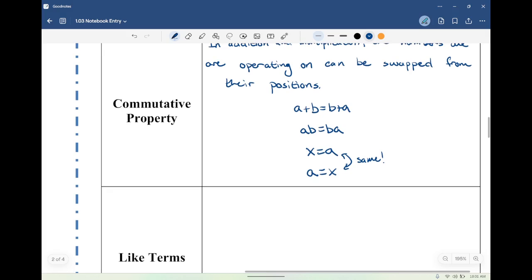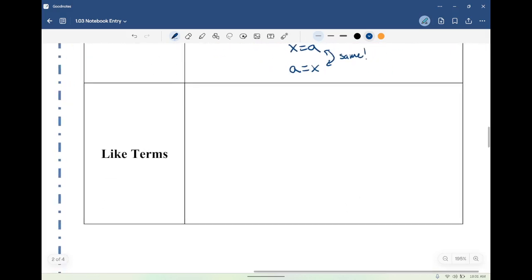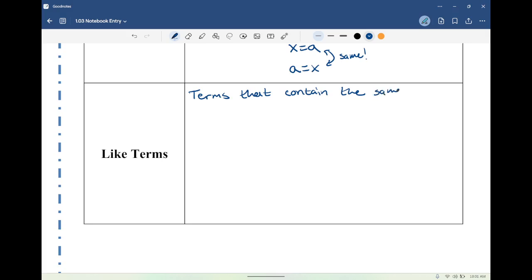All right, well then why do we care? We care because we're going to be combining like terms today. And so like terms are things that I know we've seen before, but they are specifically terms that contain the same variables raised to the same powers.